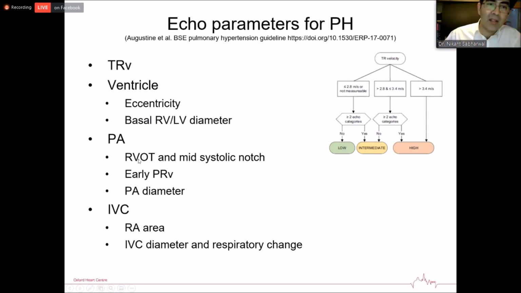If it's PA, look at your velocity: remember, an acceleration time less than 105 milliseconds, or that mid-systolic notch, or the high PR velocity, or the dilated PA. Any of those gives you 1 mark. And for the IVC, a big RA area and a big IVC with reduced respiratory change. You only need 1 point from each of these groups, add them up, more than 2 echo categories immediately pushes you from either low to intermediate or intermediate to high probability of pulmonary hypertension.